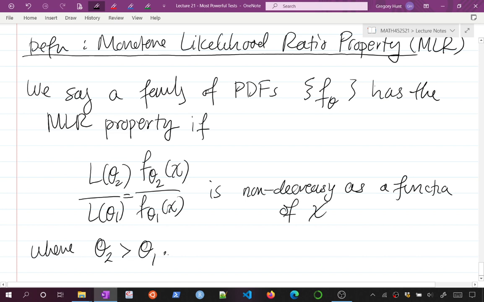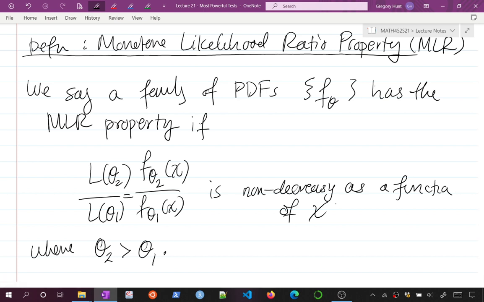So let's just go back over this. I have a set of PDFs. We say this collection of PDFs has the monotone likelihood ratio property if I look at the likelihood ratio, L of theta 2 over L of theta 1, where theta 2 is bigger than theta 1, but fixed, and look at this as a function of x, this thing should be non-decreasing as a function of x.